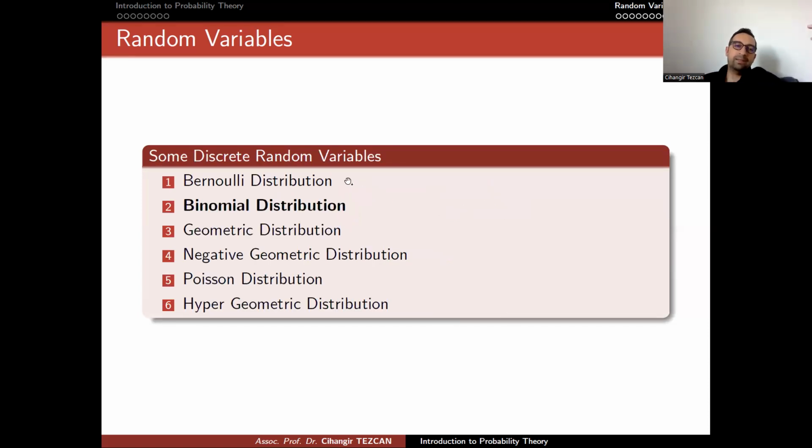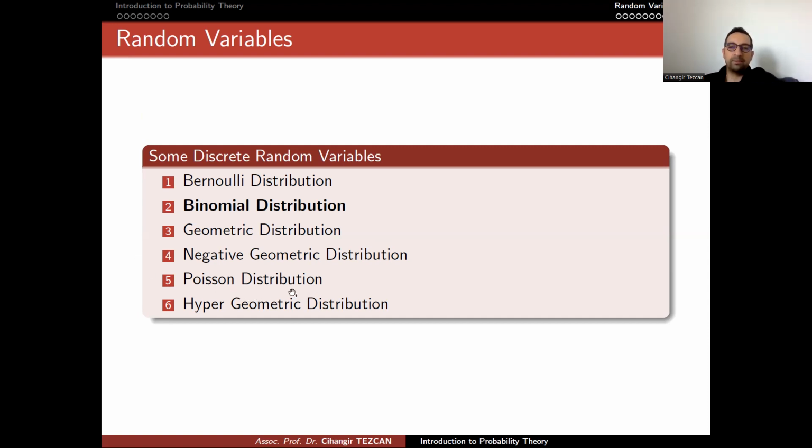So there are many discrete random variables. We talked about Bernoulli distribution to move on to binomial. So this is very important for us, and this is where I stop actually. But there are other famous discrete random variables like geometric distribution, negative geometric distribution, Poisson distribution, and hypergeometric distribution. Poisson is very famous, and it is used to explain some events in nature.